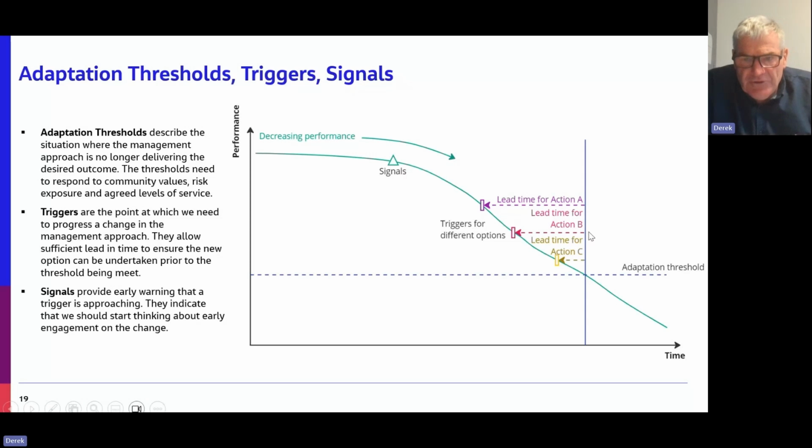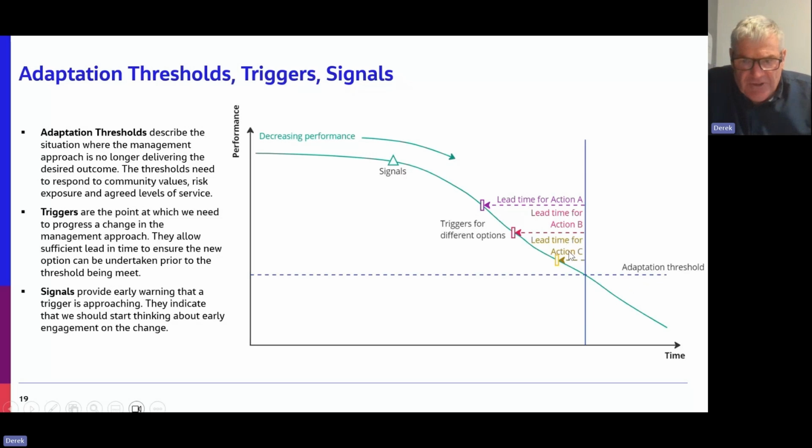We then need to step back from that by the time it takes us to implement the changes in the action, because if we waited until the threshold was exceeded, then we become reactionary and we potentially end up with a lot of damage if it's to do with storms or flooding, and so the costs are pushed in another way, whereas if we act early, we can limit those costs.